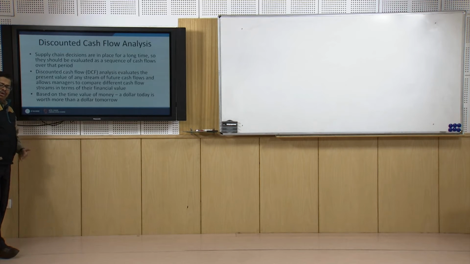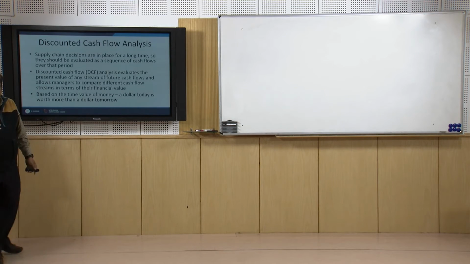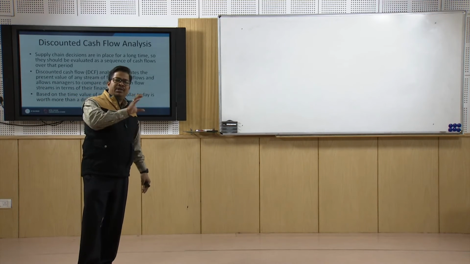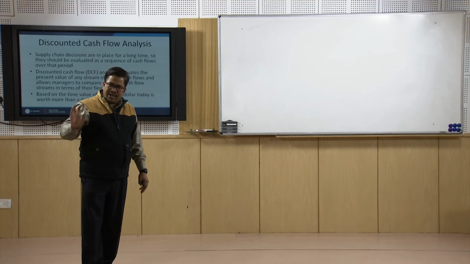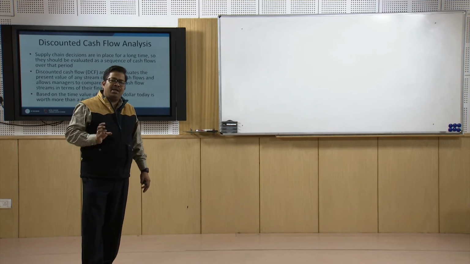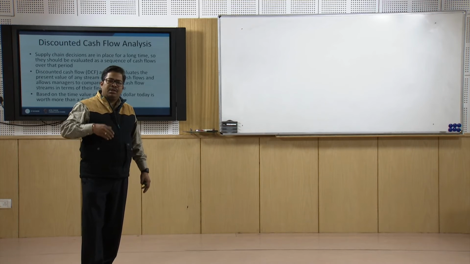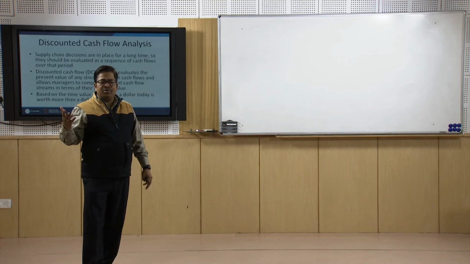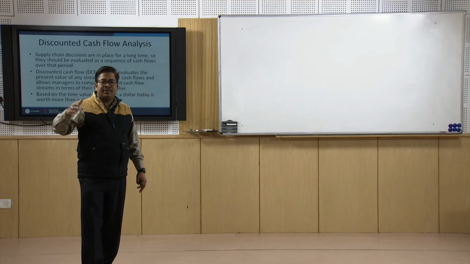If you have 1 rupee today, with that 1 rupee you can buy 1 kg of rice. Now after 1 year, again you have 1 rupee in your pocket, but at that time you will not be able to buy 1 kg of rice with that rupee.